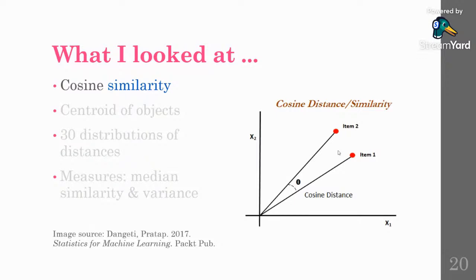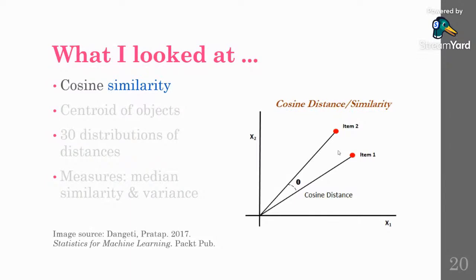To do this, I can use a measure of similarity called cosine similarity or cosine distance, which measures the angle between the vectors representing each of the objects. And I've given you a visual representation. It's actually really, really clear. So the cosine distance is the cosine of the angle theta between two words, in this case called item 1 and item 2.